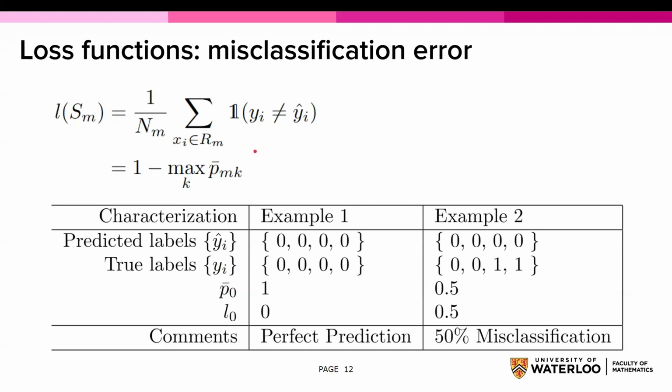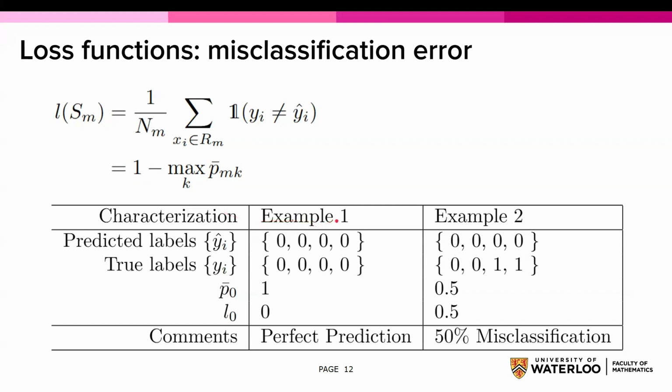To calculate the misclassification error for a region S sub M, we take the sum of incorrect predictions and divide that by the total number of points in the region. We can also write this in terms of the majority class in the region. If we assign the majority class label to all points in the region, then the misclassification error is just 1 minus the fraction of points that belong to that majority class. So the more homogeneous the region, in essence the more points having the same label, the lower the misclassification error is going to be.